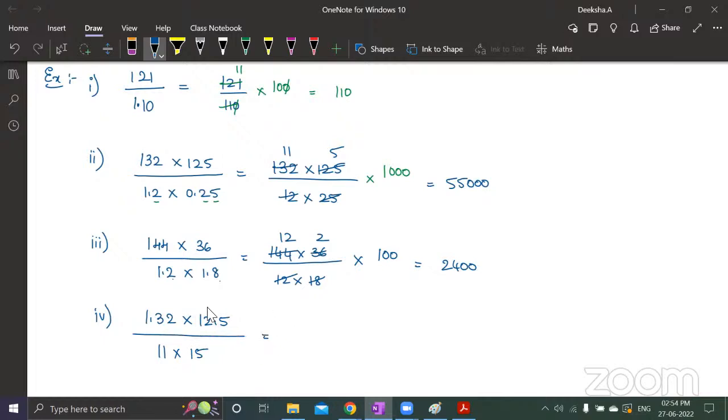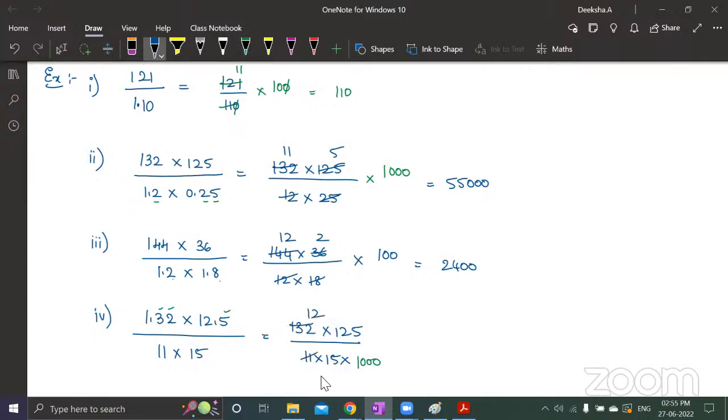Same way as before, rewrite it without decimal numbers. 132 into 125 divided by 11 into 15. Now the decimal numbers are in the numerator, right? So the balancing factor is written in the denominator as 1 followed by zeros, counting the number of digits after the decimal point in the numerator. We have 1, 2, 3. So write 3 zeros here. Now you simplify.